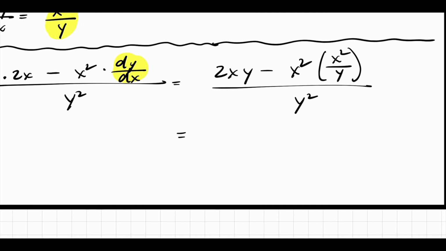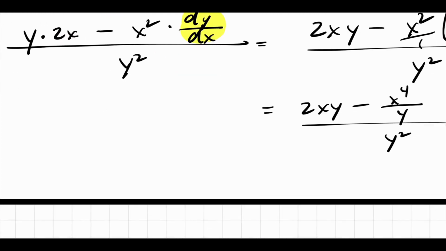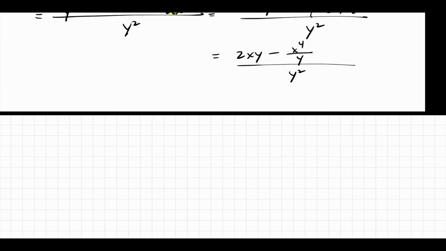All right, so now I have 2xy minus, this is over 1, right? So I'm just going to multiply straight across. So I get x to the fourth over y. Okay. All right.